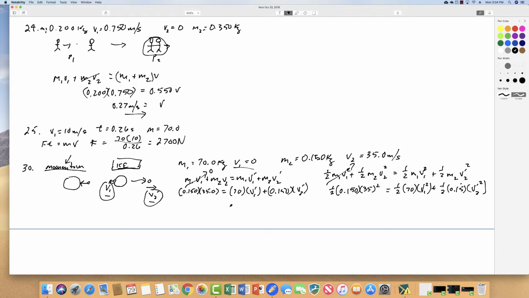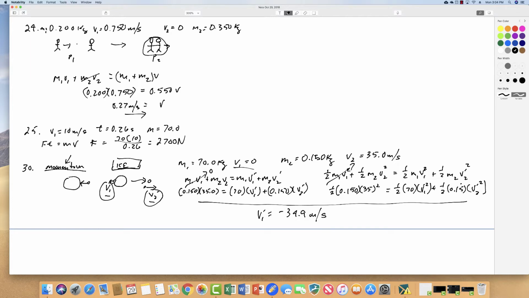And so basically, I'll let you guys work on this math part because, you know, your math skills might be superior to mine. But there are various ways you can do this. You can solve for V1 prime on this side and then put it in here, or vice versa. But I will tell you that V1 prime is equal to minus 34.9 meters per second.